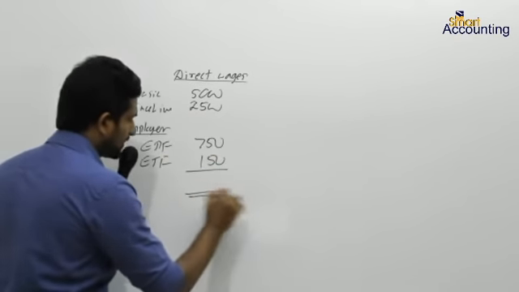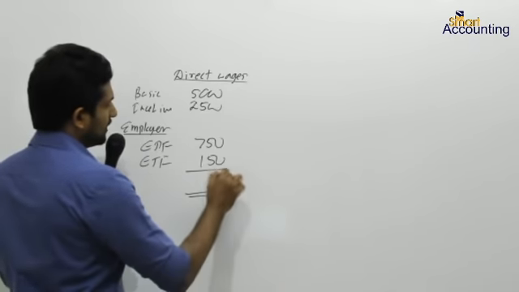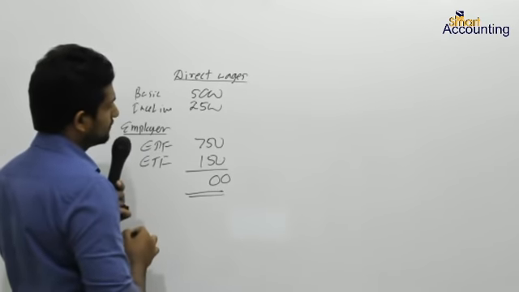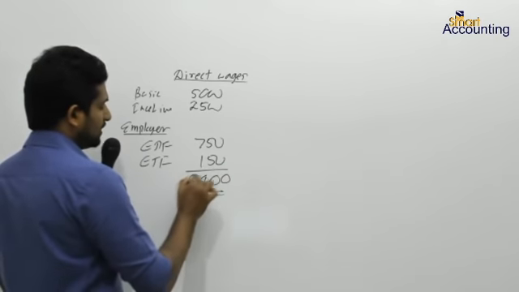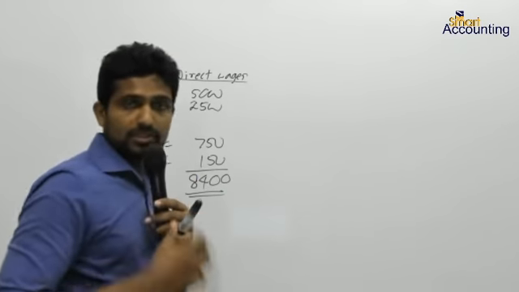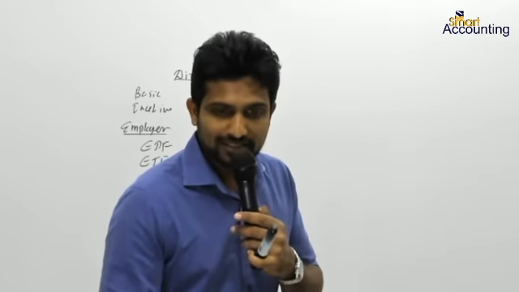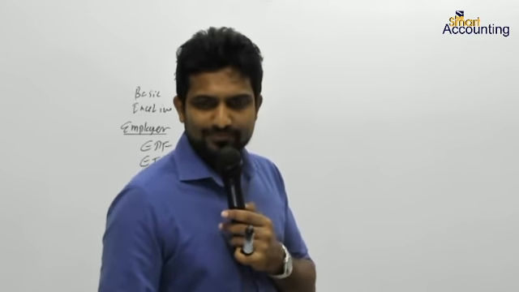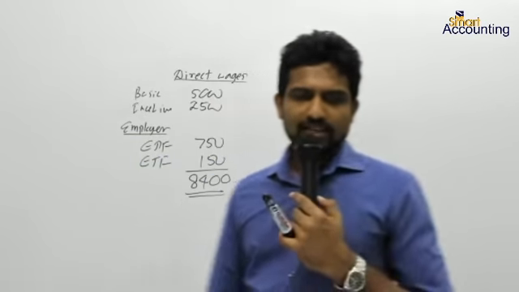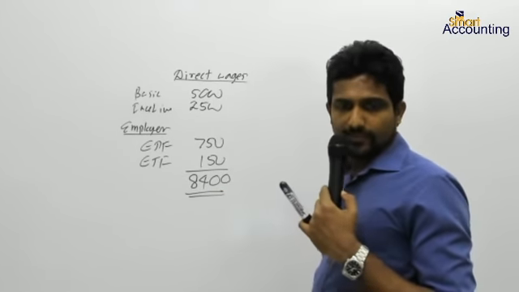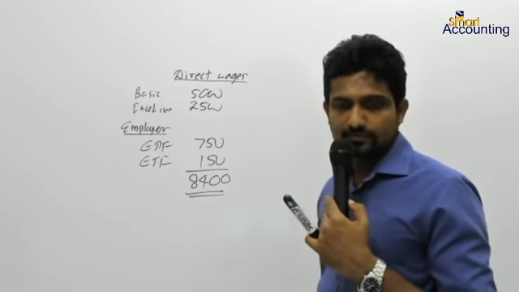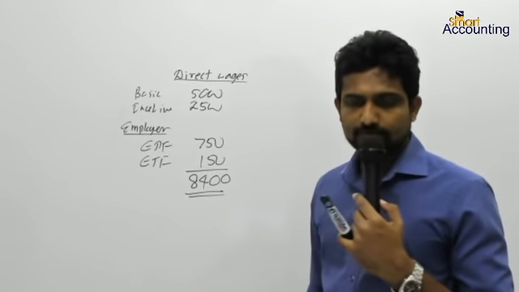This is the total direct wages. The total is 8,400. Is that correct? Is it correct in your books? So raise your hand if you got this answer for this question, 8,400. No one.